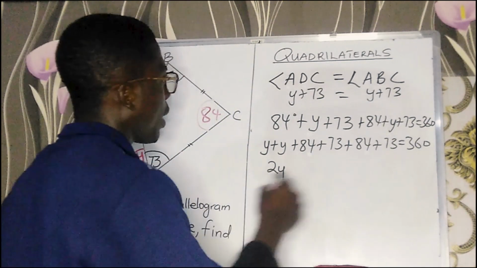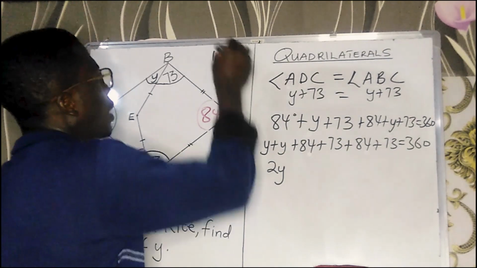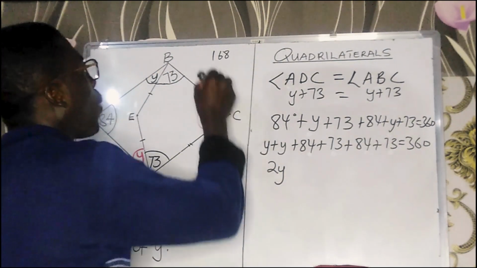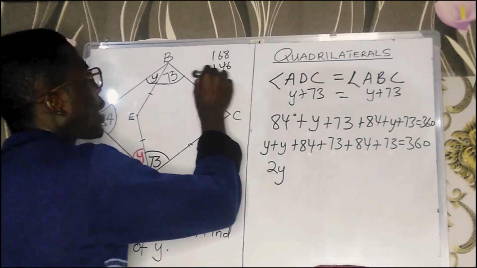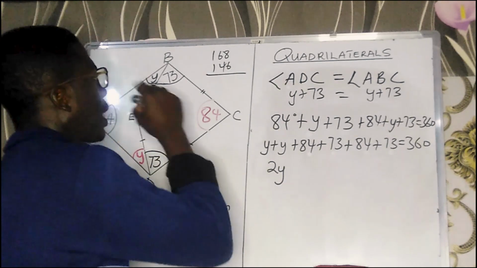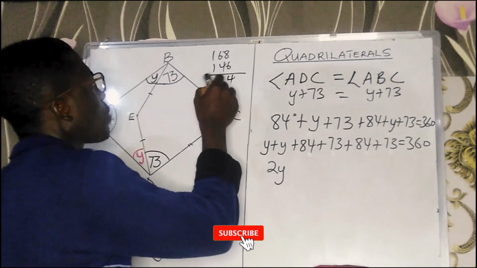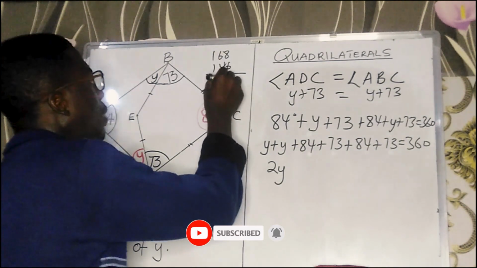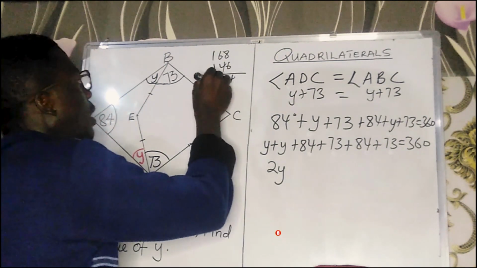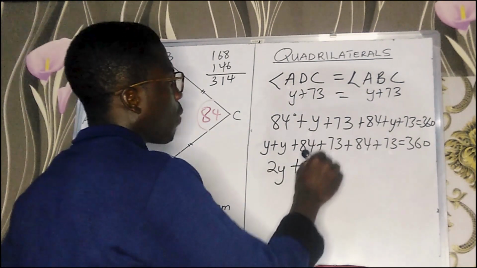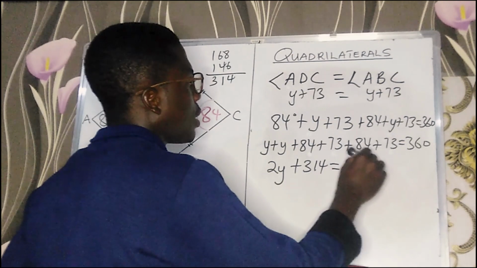And then our 73 plus our 73 will be 146. So 168 plus 146 gives us 314.